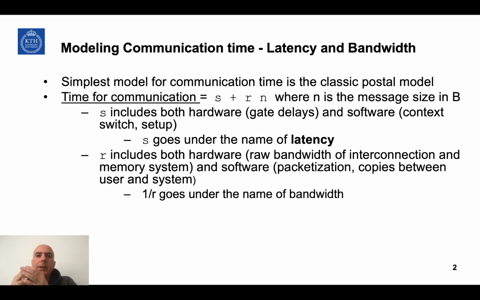It might be that the communication system divides the message in small packages, so there's a cost in dividing into small packages, but also for using MPI buffers, so the copies between user and system. The factor 1 over R goes under the name of bandwidth.